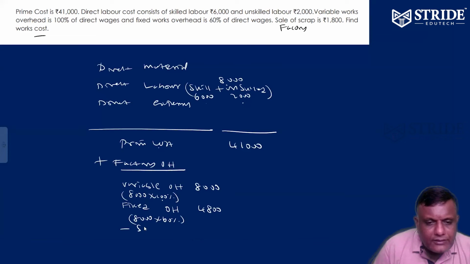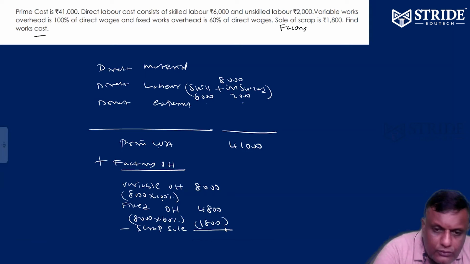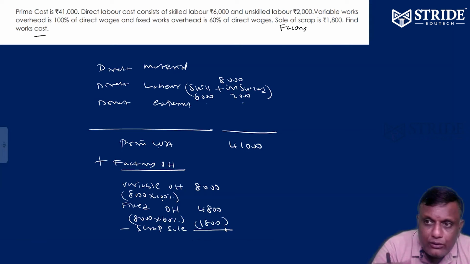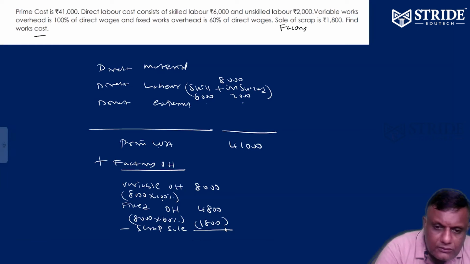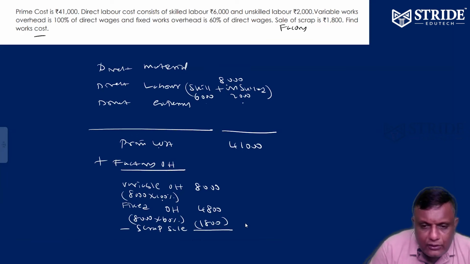Minus scrap. Scrap in the factory is a revenue. Scrap sale is a revenue, so 1,800 is a revenue. Subtract it. Scrap sale is a revenue, not a cost. So 8,000 plus 4,800 minus 1,800 is 11,000.